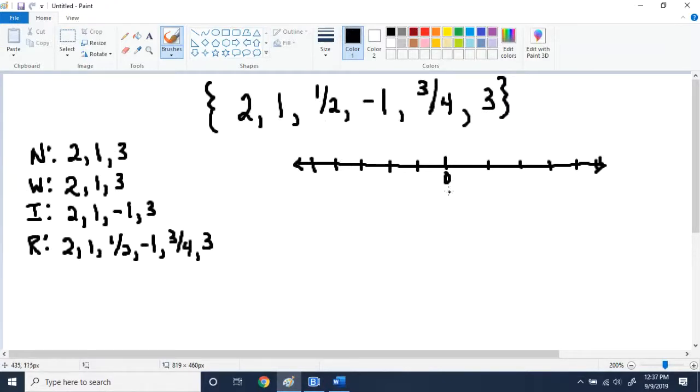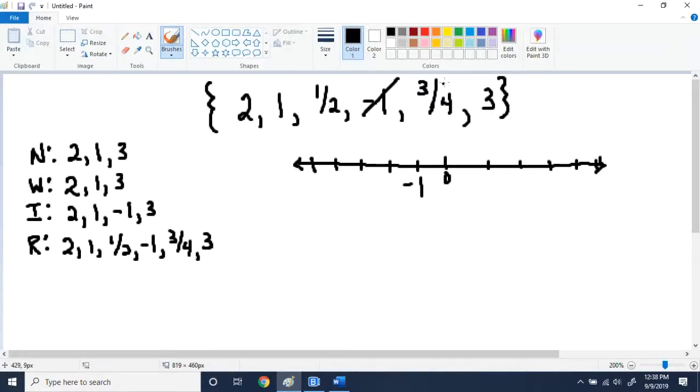So I just put a little 0 here. Okay, so our first number is going to be a 2. And these hashes really don't represent anything, but let's just do it with value. So let's start with our negative numbers first, actually. So we have a negative 1. Our remaining numbers are all positive, so we know it's going to be on the right side.